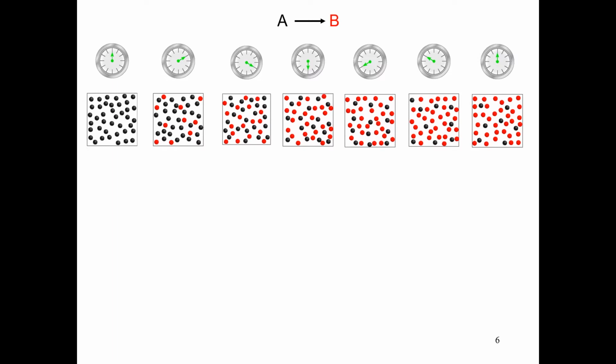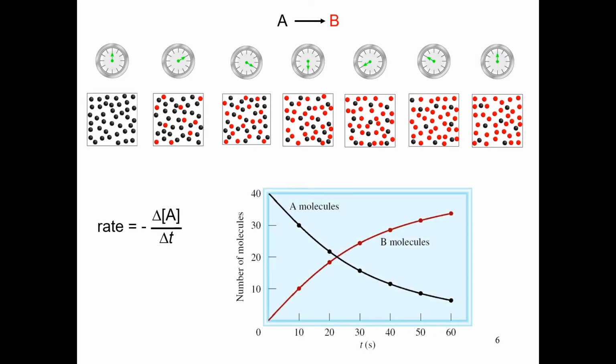Now, assume that you could actually measure the concentration of either A or B at any given time interval. We could generate a graph that looks like this. Notice that in the black curve, we see the decrease in the numbers of molecules of A, and in the red curve, we can see the appearance or increase of molecules of B over a certain period of time.